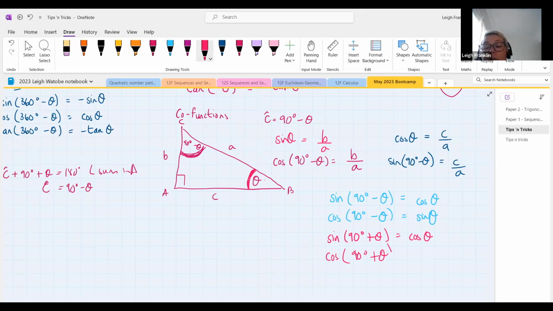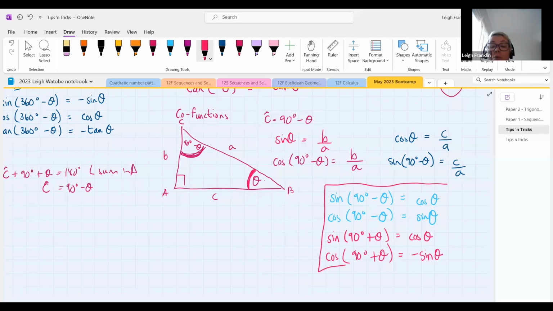It's second quadrant, where cos theta is negative. Your outcome takes the sign of the original function in that quadrant. Because cos theta is negative in quadrant 2, we end up with negative sine theta as our answer. Okay, so those are your co-functions.